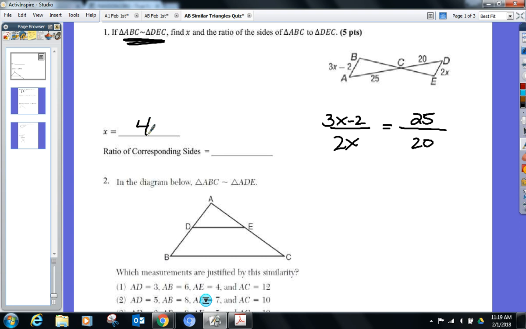Now I asked for the ratio of the corresponding sides, but if you looked in the directions, it said find the ratio of sides of ABC to DEC. So triangle ABC had to come first. So that's why you could have picked 25 to 20, or some of you reduced it down to 5 to 4. If you did 4 to 5, I understand that.